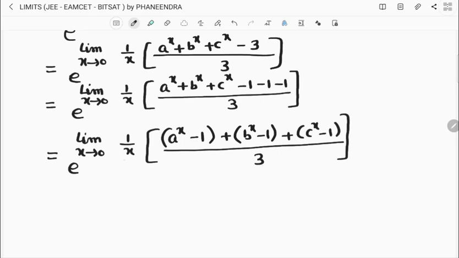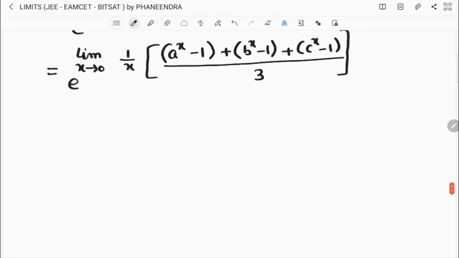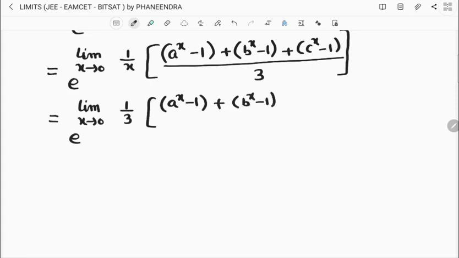Here 3 and x, you can interchange the places, and we can write it as e power limit of 1 by 3 into (a^x minus 1 plus b^x minus 1 plus c^x minus 1) divided by x. Now (a plus b plus c) by x means a by x plus b by x plus c by x. Like this we can split it.